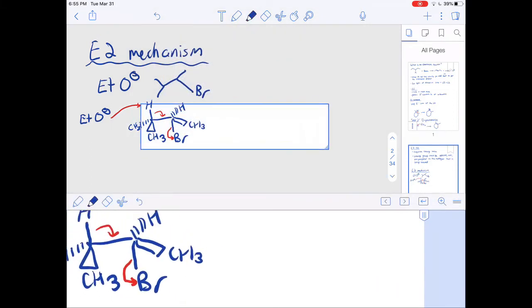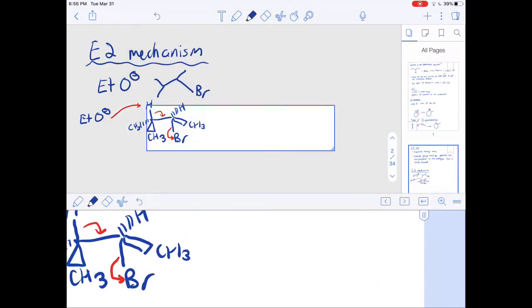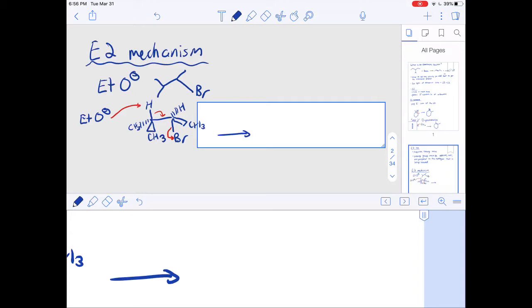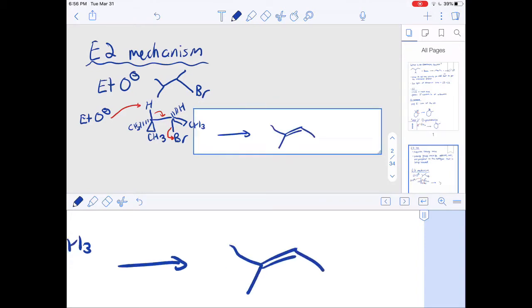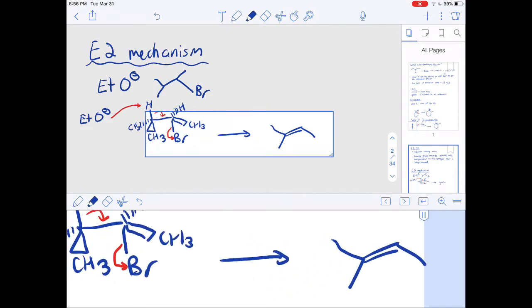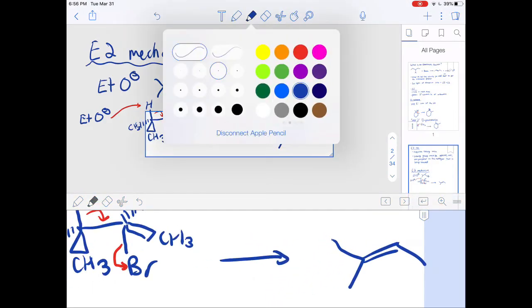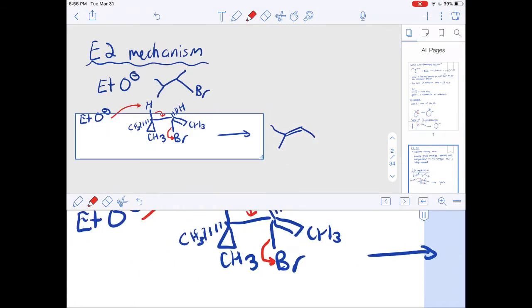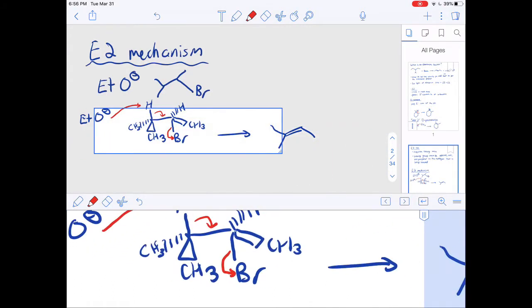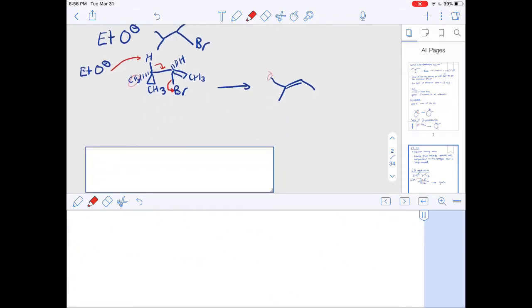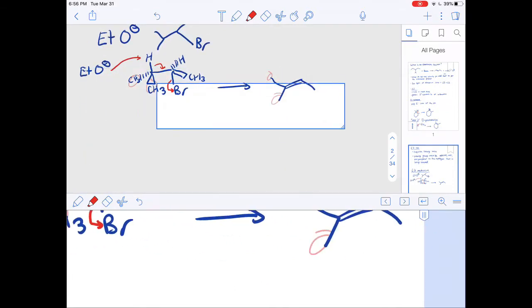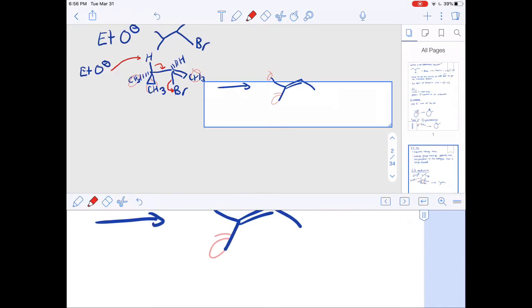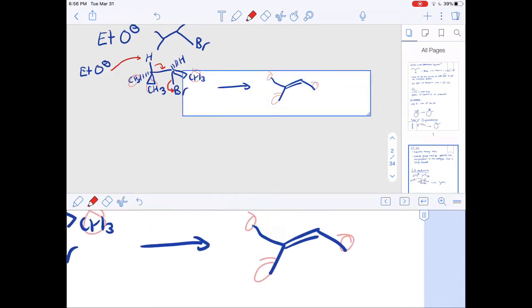Okay. So your product is going to look like this, where this carbon, I know it's kind of complex to look at because I switched from the stereochem designation back to the regular one, but this carbon is here, this one here, and this carbon is here, if that makes sense.